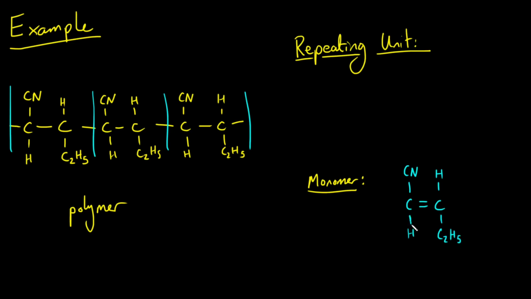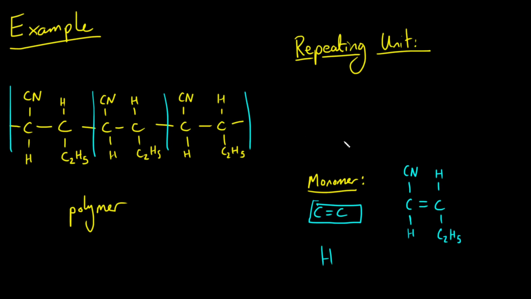So here's our monomer. Remember, this polymer was made by addition polymerization reaction. That means the monomer must contain, and will always contain, a carbon to carbon double bond at its center. And if we draw it out in this kind of H arrangement, it makes our life a little bit easier. So there's the monomer that they've used, and they've joined 3 of these together to produce this polymer.